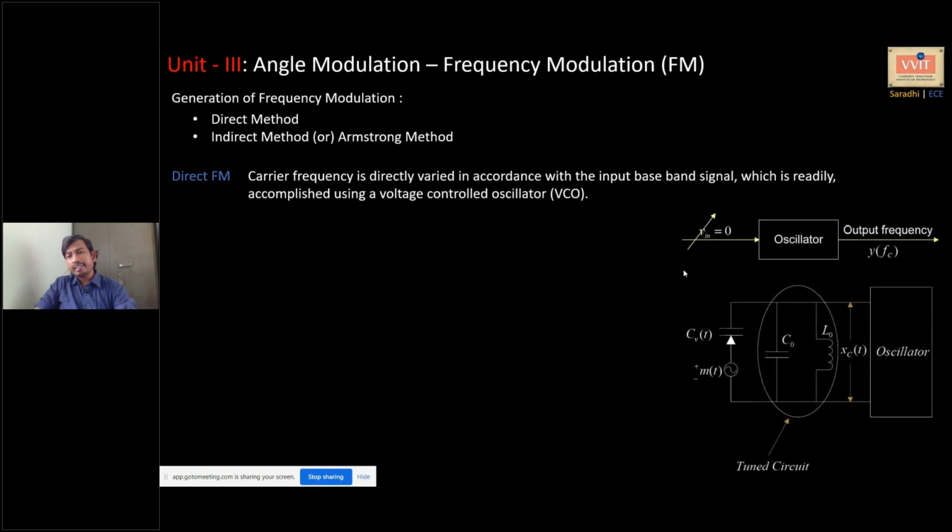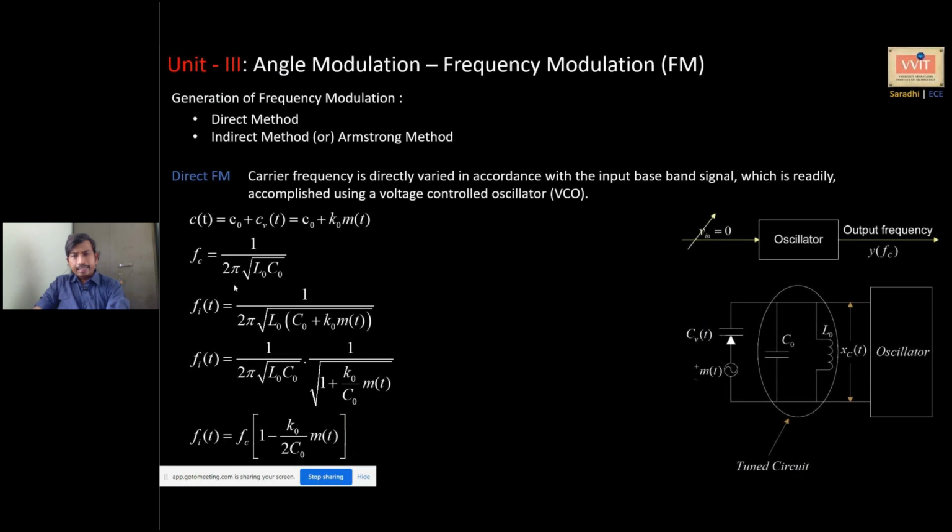But how do you realize this? It can be realized simply by using a varactor diode and a tuned circuit, and you are applying the message signal over here. Now these two are fixed components, and the capacitance of this varactor diode depends on the message signal. So if message is 0, this circuit generates a frequency which is called the carrier frequency, which is entirely determined by L0 and C0, the inductance value and capacitance value, which is 1 by 2 pi square root of L0 C0.